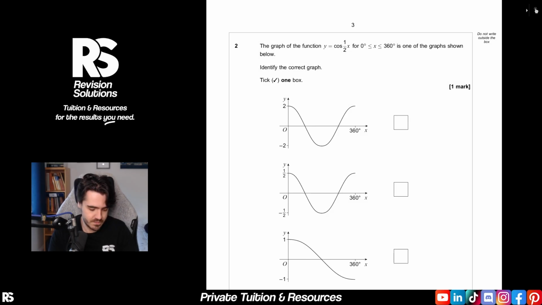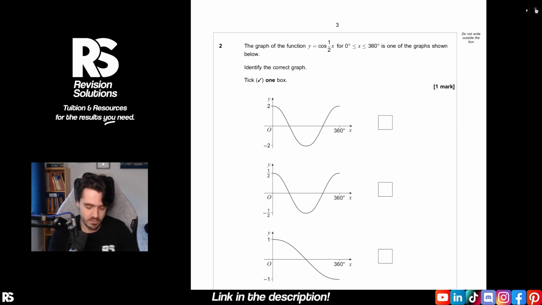Okay, and now for question 2, it says the graph of the function y equals cos of a half x for 0 to 360 degrees is one of the graphs shown below. Can we identify the correct graph? Well, the giveaway here is this half x, because if we think about f of x being cos of x, just the regular cos graph, what we have here then for y is f of a half x, which would be a graph transformation.